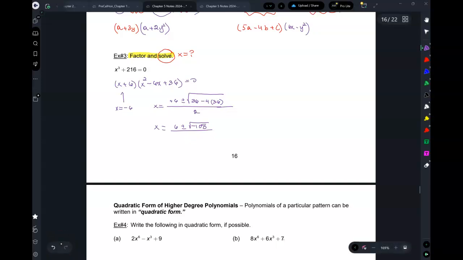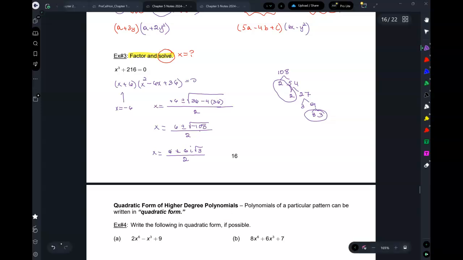Okay? So now we got to take care of this 108. It's 2 times 54, which is 2 and 27, 3 and 9, 3 and 3. So x is 6 plus or minus, 2 comes out, 3 comes out, so 6i root 3 over 2.